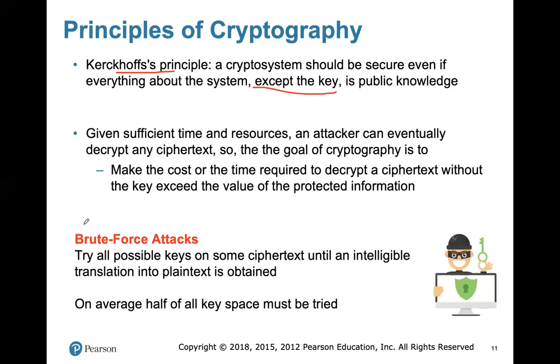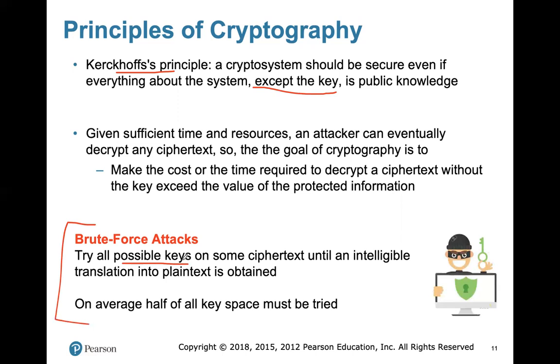Okay, let's talk about brute force first, and then I'll get back to this. Brute force attack is a very important type of attack in encryption that says the attacker comes and applies all possible keys, or in other words, the attacker spans or scans the key space.